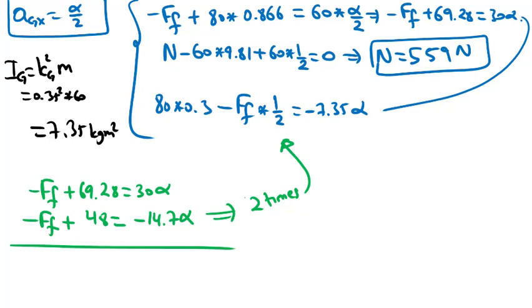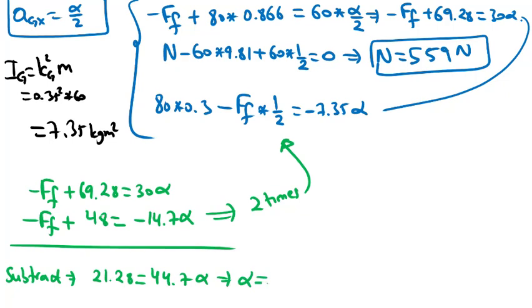And then we subtract. If you subtract this one from that one, you will get 21.28 on one side, and 44.7 alpha on the other.